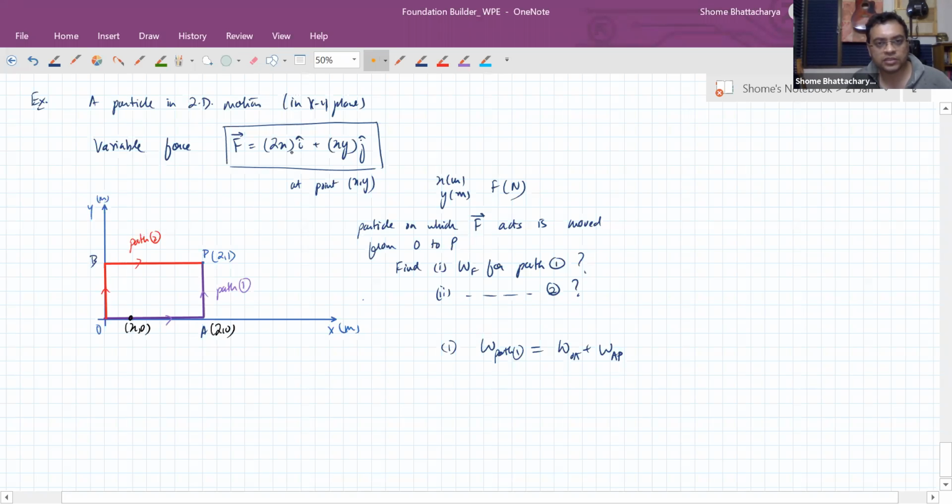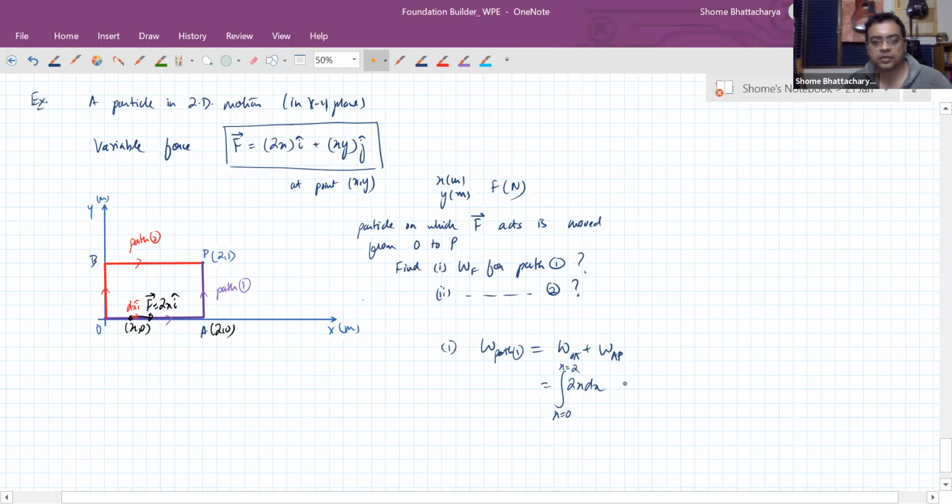So what you can see is your force is just becoming 2x i cap. F is 2x i cap because your y coordinate is 0, and your displacement is dx i cap at this point. So for this part, the work done will become 2x dx from x equal to 0 to x equal to 2.